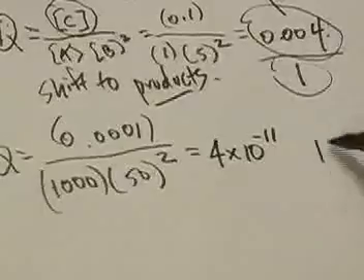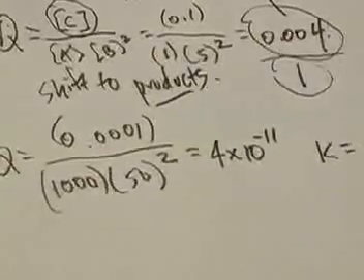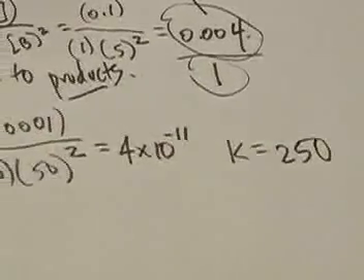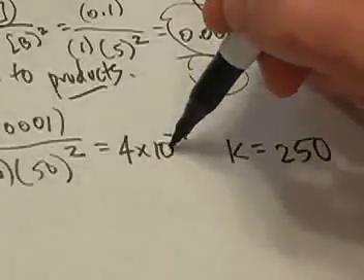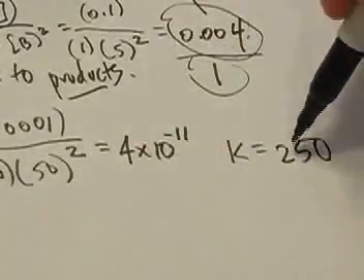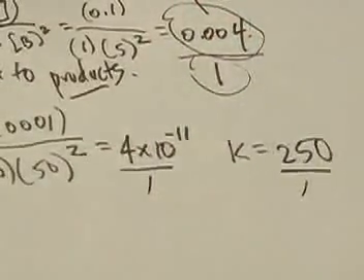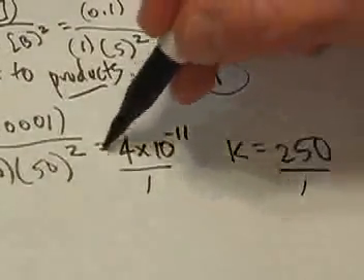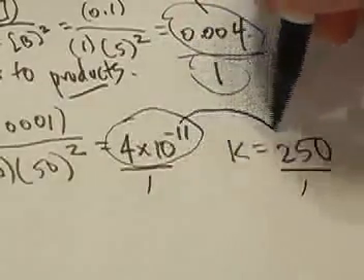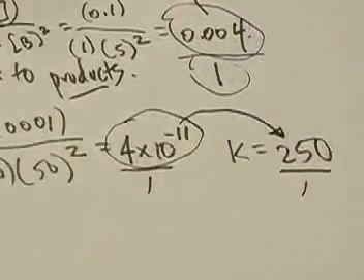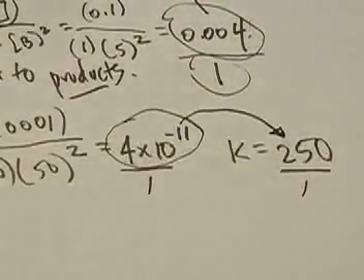Now remember, K was equal to about 250. Well, what needs to change to get Q to look like K? Remember, you can write both as fractions. Take the number and write it over 1. What has to happen to the top of Q to make it look like K? Well, it needs to get way, way bigger, right?